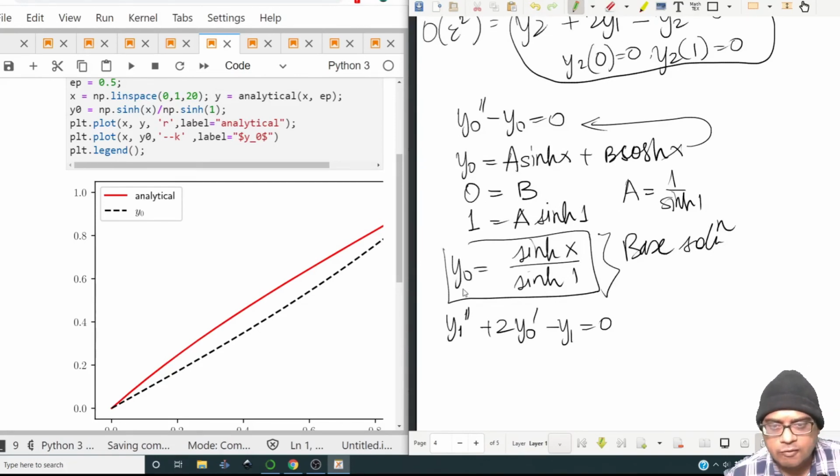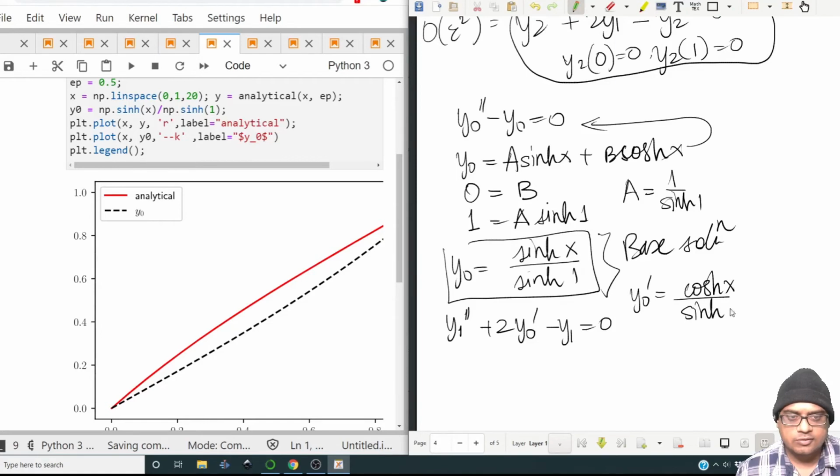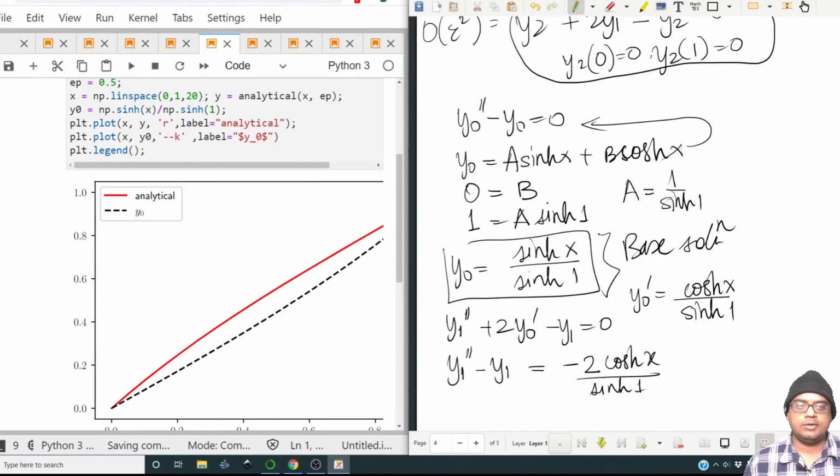Now what is y0 prime? Y0 prime is cosh x upon sinh 1. So what do we have? y1 double prime minus y1 is equal to minus 2 cosh x upon sinh 1.